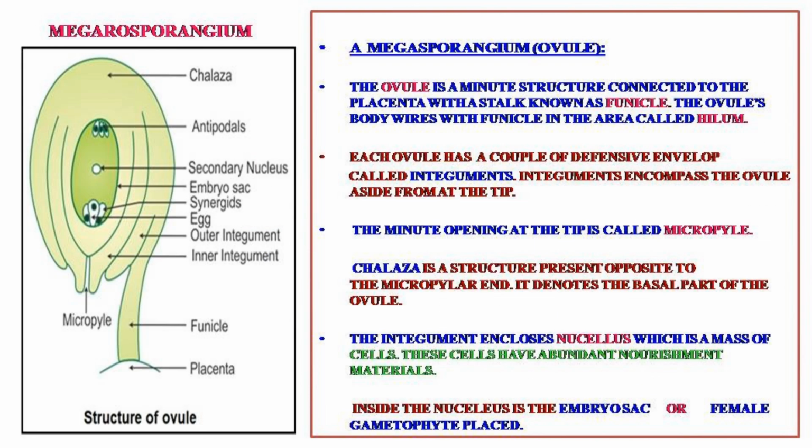Here the megasporangium ovule is a small globular structure. Ovule is developed on the placenta within the ovary, which has to be developed into the seed at maturity.